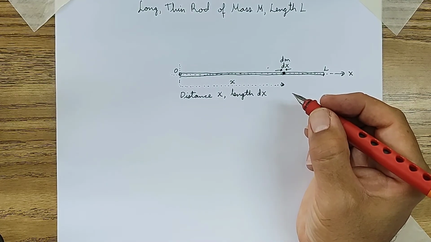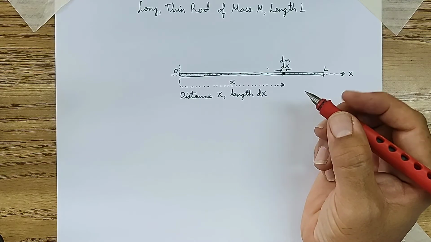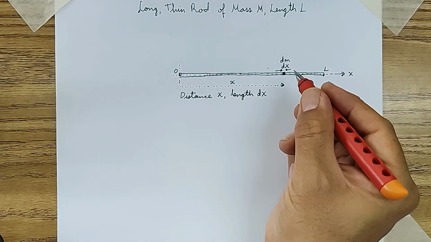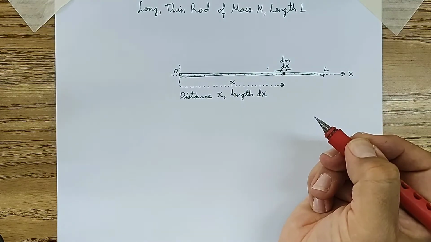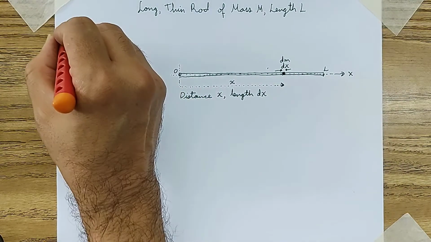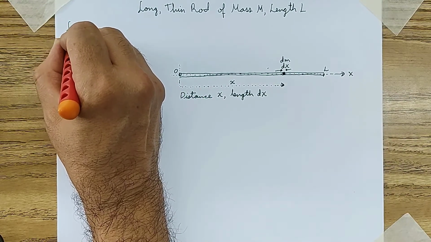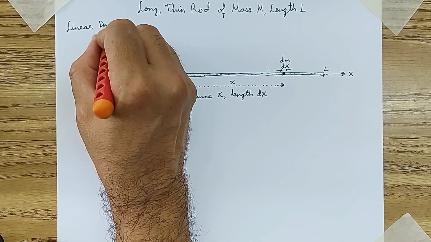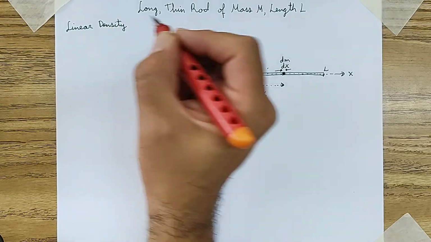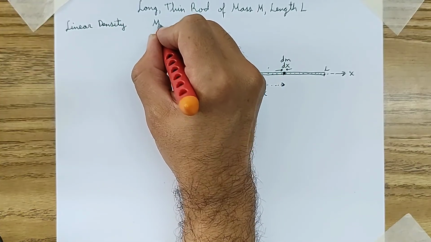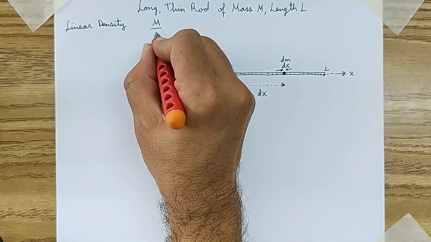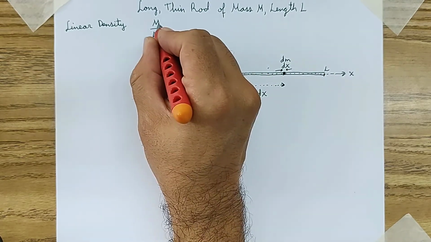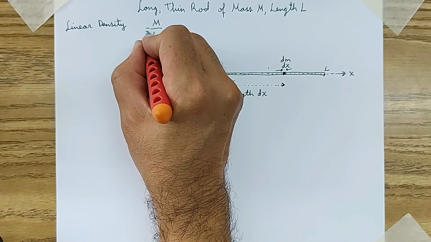And we use this symbology because we want to relate the mass with the position variable. In order to do that, we are going to use the concept of linear density, which is of course the ratio of mass per unit of length, or total mass over total length of the object. Now this linear density has a symbol.